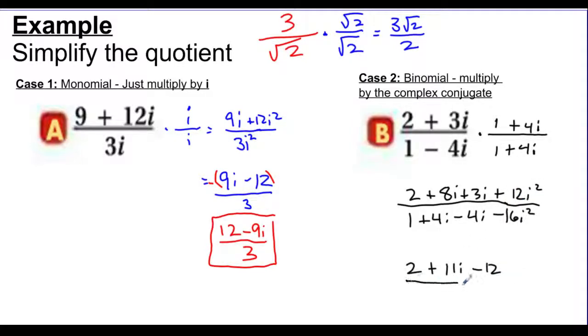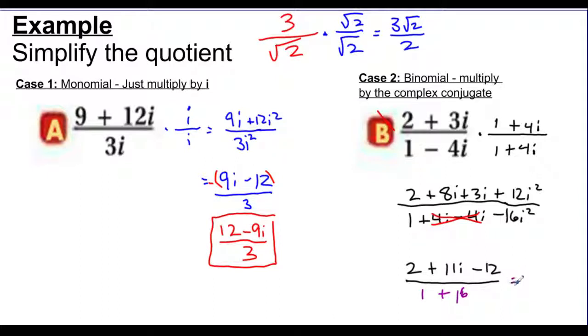Okay, the bottom, I get that canceling happening, right? So 4i and -4i go away. And remember, this is also -1, so here's what it's going to look like. I'm going to say 1, okay, and this was -16 times -1 would be +16. Okay, so the bottom is going to switch up as well.